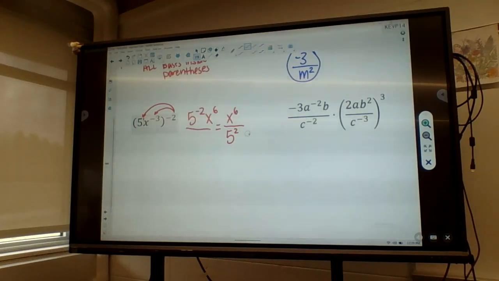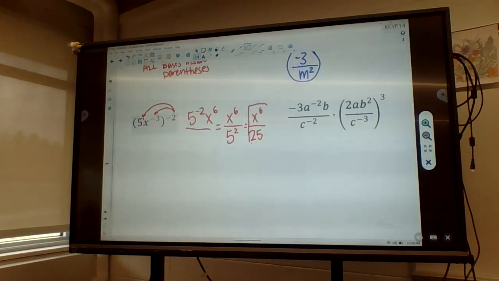But the x to the 6th is going to stay on top. So each base is kind of independent of the other ones. And then I'm going to simplify this a bit, because 5 to the 2nd is pretty easy to do. It's not some crazy 8-digit number. So I can just write that as x to the 6th over 25.